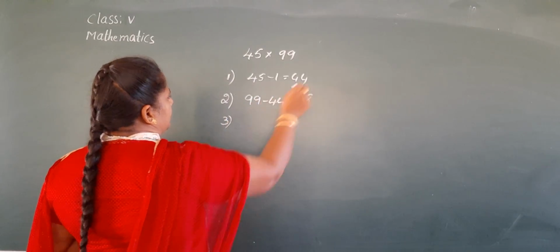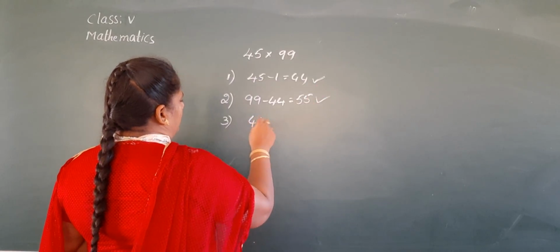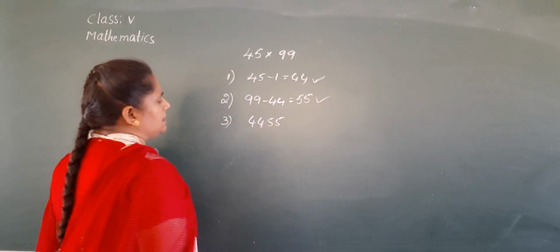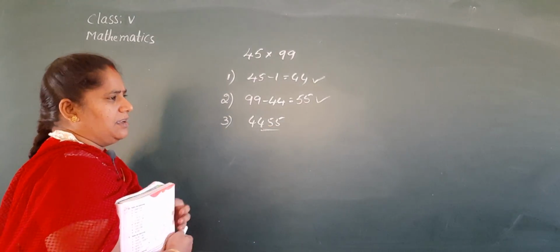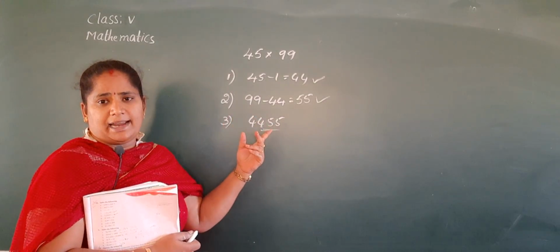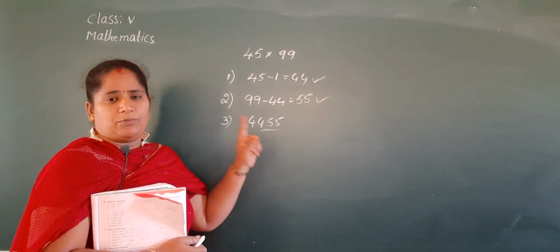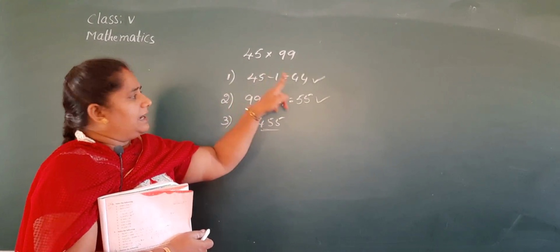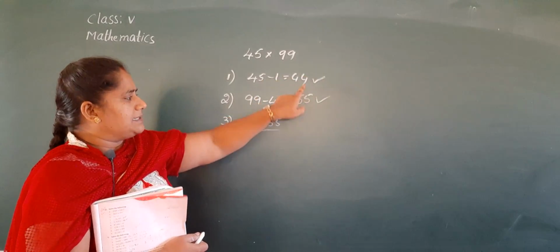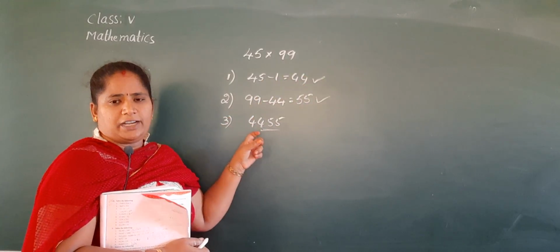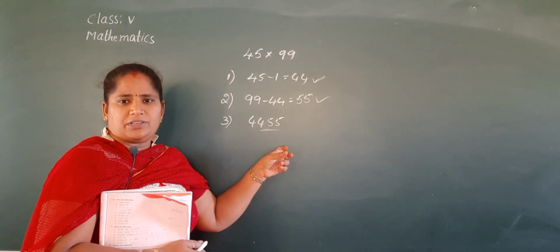So the answer is these two numbers. So 44, 55. That means 4455. It's very easy Nana. So if any number is multiplied by 99, first you subtract 1 from the given number. Later you subtract that number from 99. Then these two answers become the answer. So 44, 55. Is it clear to you children?